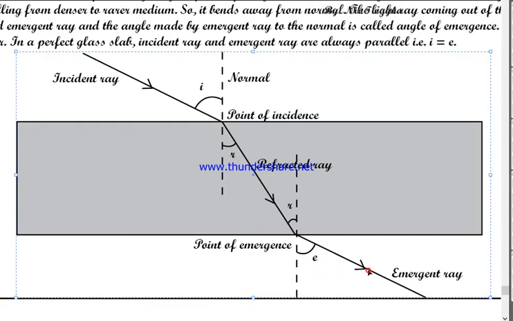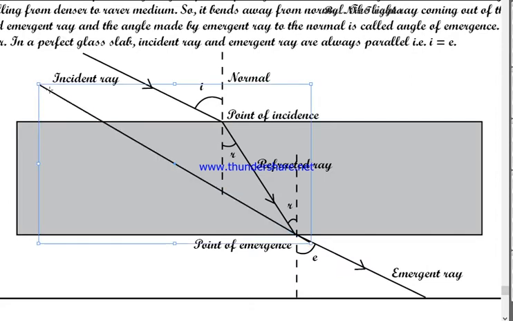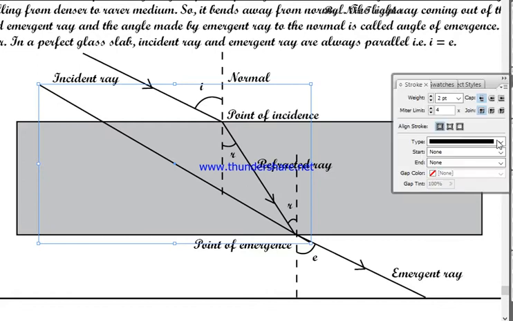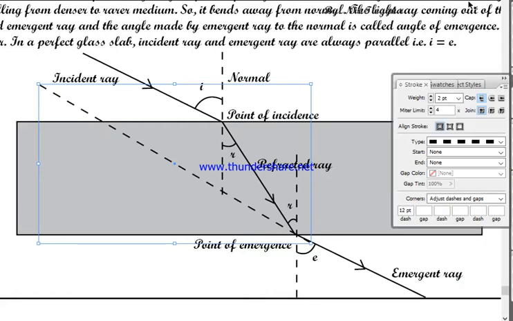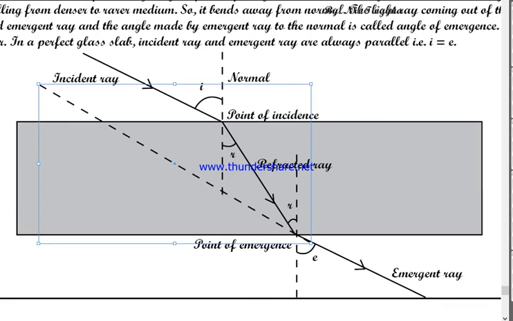Okay, and the light ray which has come out of the glass slab is known as the emergent ray. That is why if you backtrace this light ray, it will give you this point. That means if the object was here, you will not see the object here.